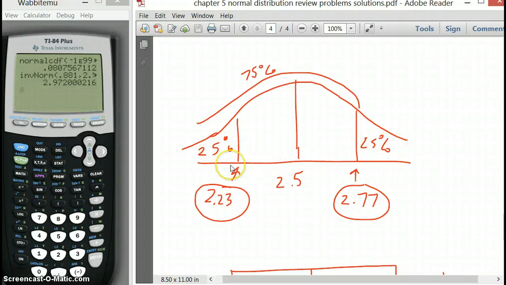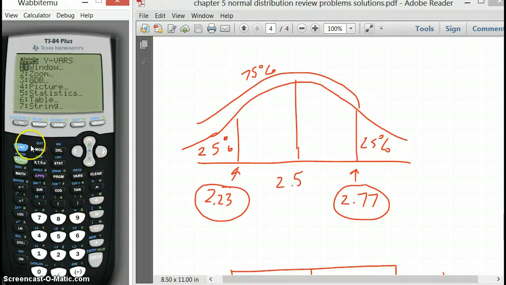Well, the calculator can tell us that with the inverse normal function. So we're going to go into the inverse normal function again. Inverse normal. Okay, and this time, instead of giving it 0.881, the area to the left of this critical line is 25%. So we're just going to put 0.25.